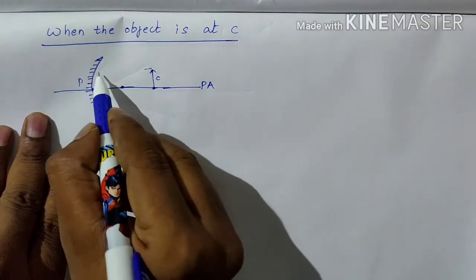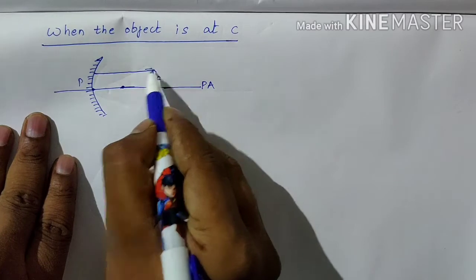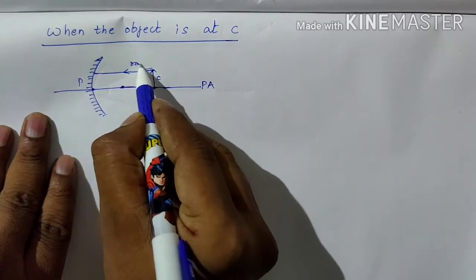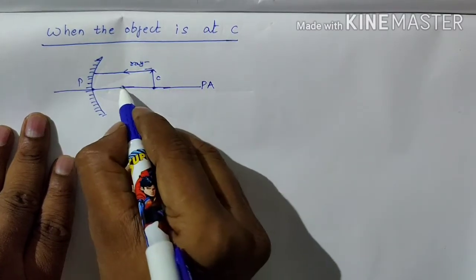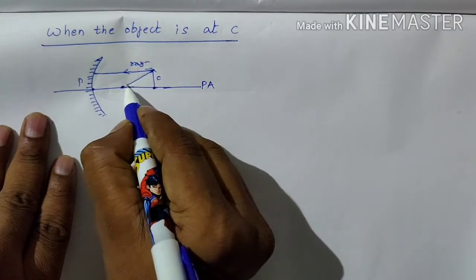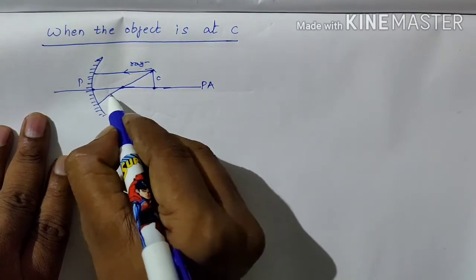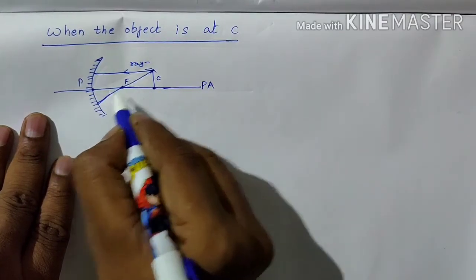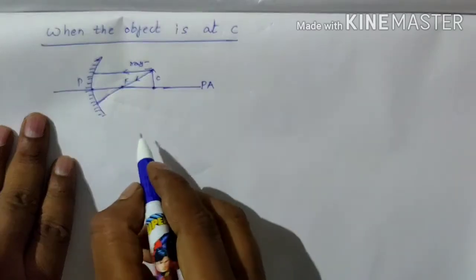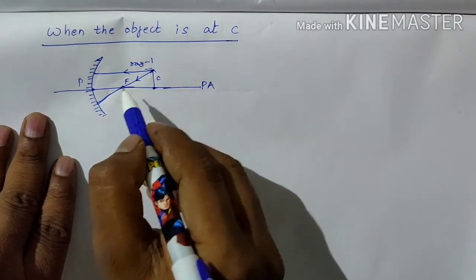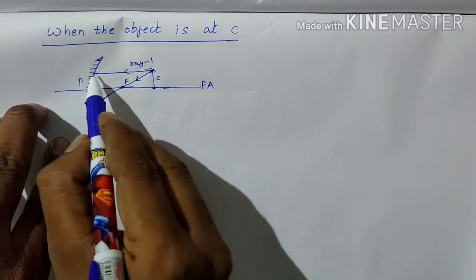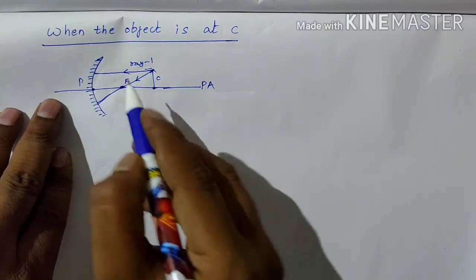Place the object at C. So here you have to take two rays. The first one is a parallel ray. This is ray 1, and the second one should pass through the focus. So this is the second ray. Then we have to draw the reflected rays. Every parallel ray will get reflected through the focus.